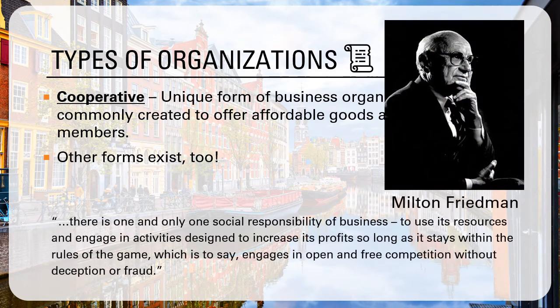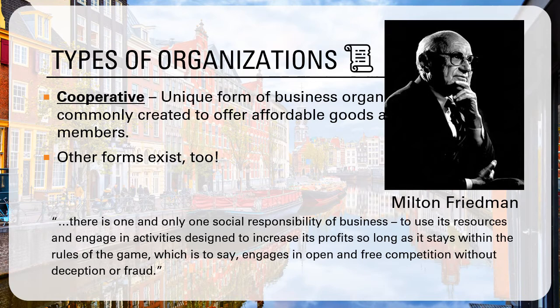Of course, it goes back to what we talked about on profit maximization, where Milton Friedman says the sole motivator of a business should be to maximize profit. Cooperatives are one of those things that fly against that, because the laborers are also the owners of the company, they have a stake in it, and they have a share in the business.